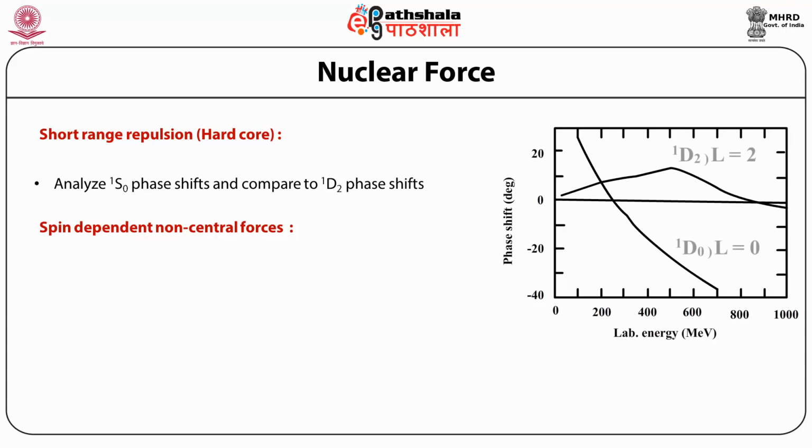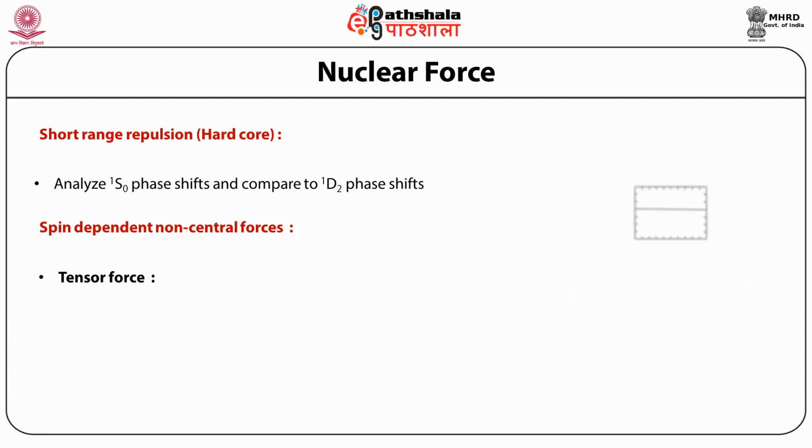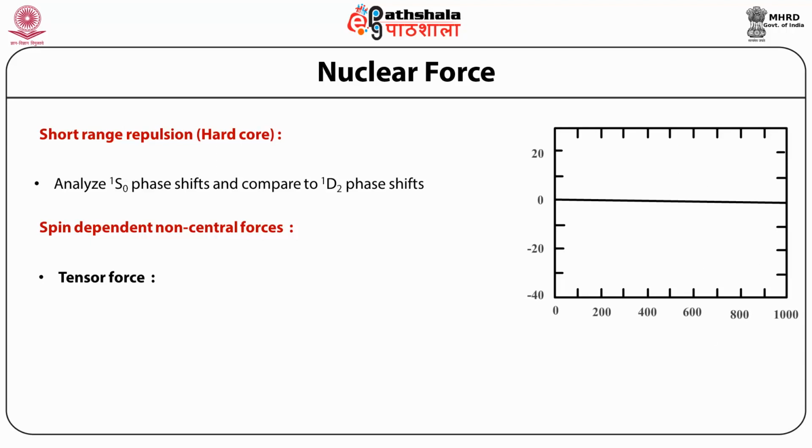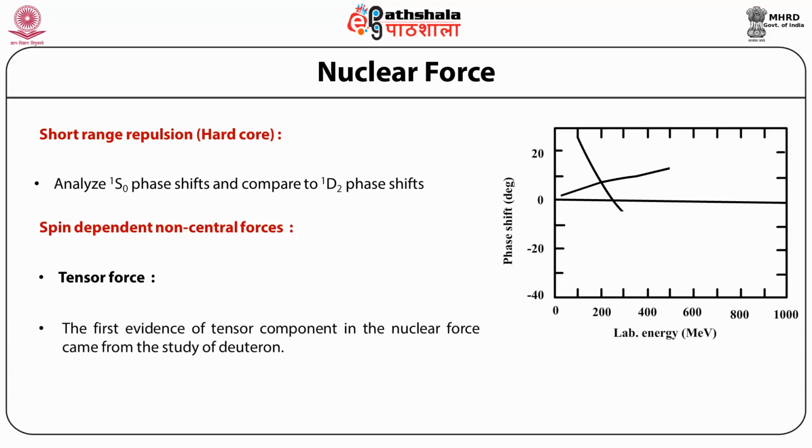This spin dependent component of nuclear force is called tensor force. The first evidence of tensor force component in the nuclear force came from the study of deuteron. So we got an idea about the spin dependent nature of nuclear force from the study of deuteron.